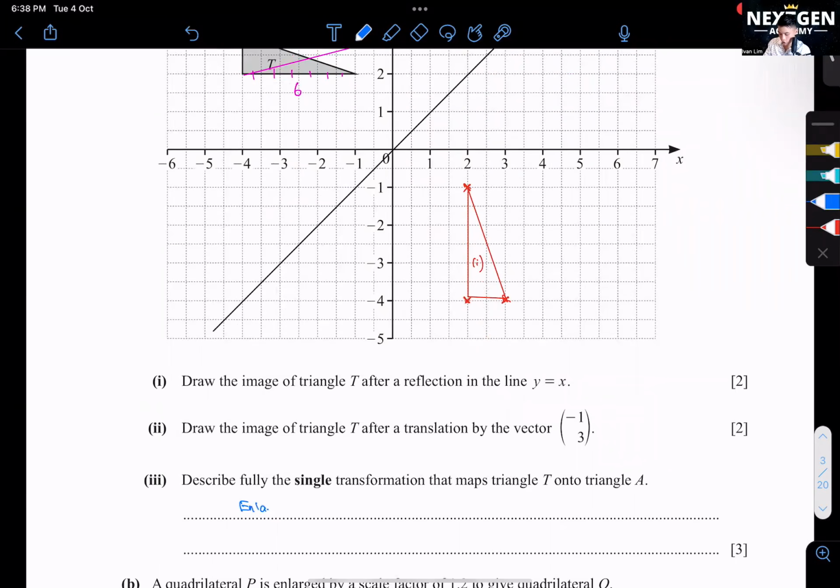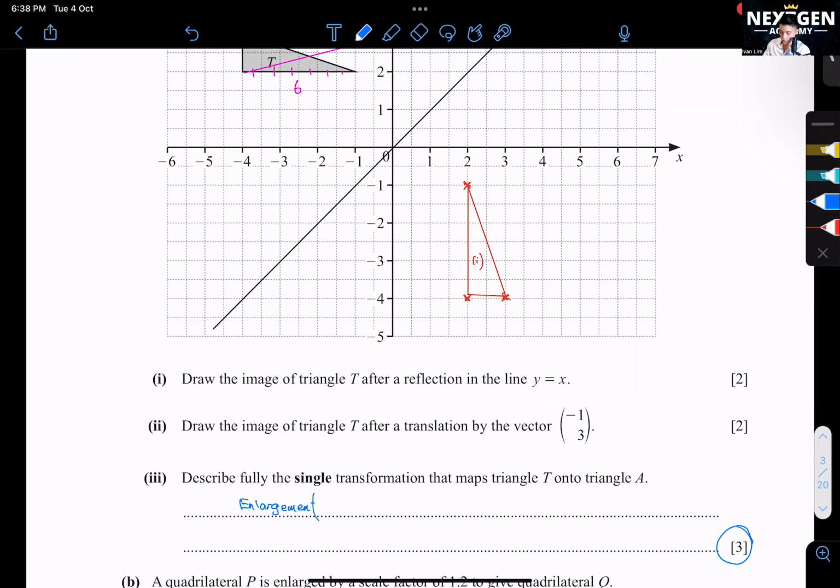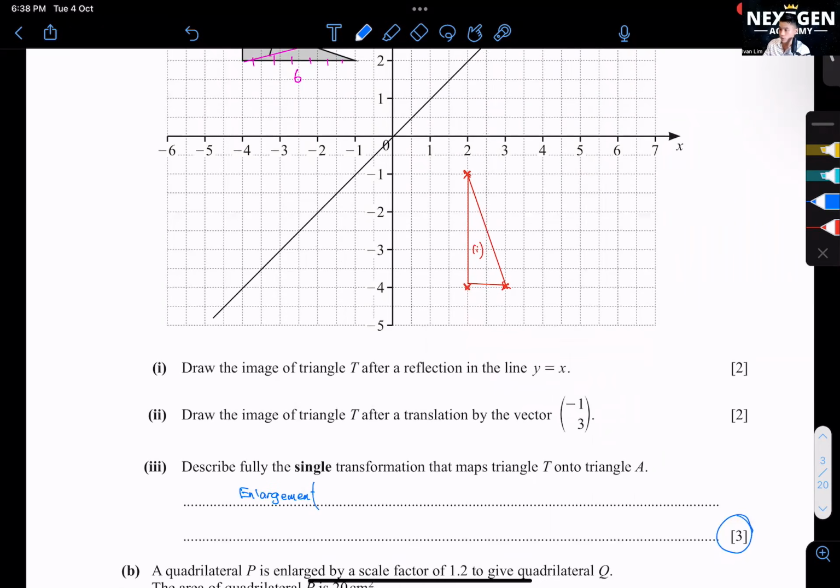Enlargement is the first mark, and you can guess from the marks here, 3 marks is only for rotation or enlargement. So enlargement, then you write your scale factor, which equals negative 1.5, and then center 0, 3. This is how you get your 3 marks.